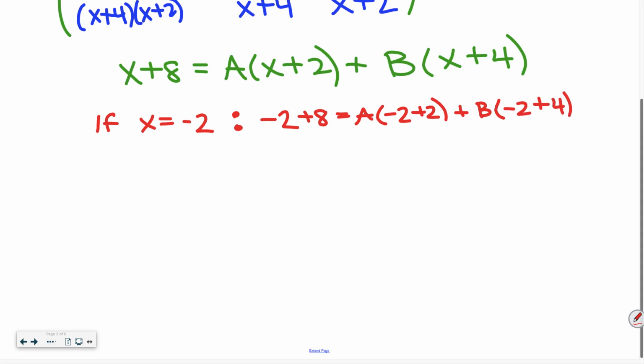Okay, well, what does that leave us with? That leaves us with 6 equals 0 plus 2b.